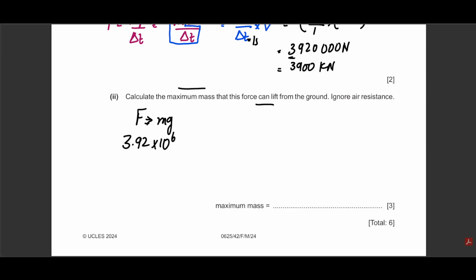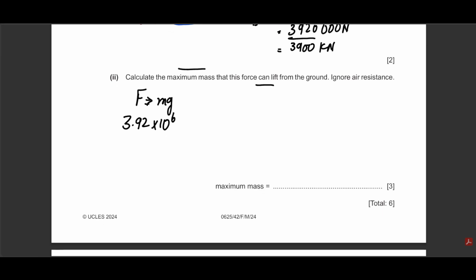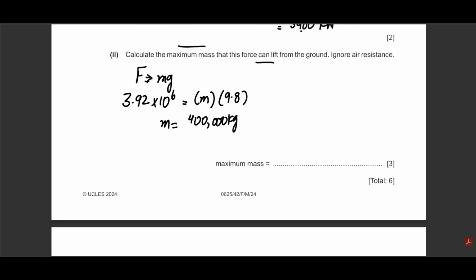Again, I'm just using 3.92 to be on the safe side. I could have used 3.9 or 3900 kilonewtons, it's totally fine. This equals mass, which I want to lift against gravity of 9.8, right? So mass comes out as 400,000 kilograms, which is 4.0 into 10 raised to power 5. But again, don't miss out the unit, which is kg for mass.